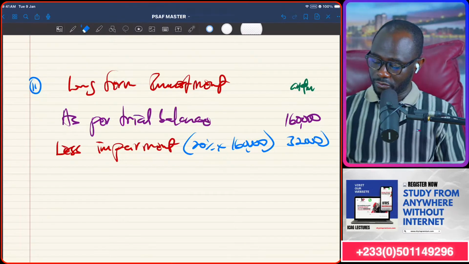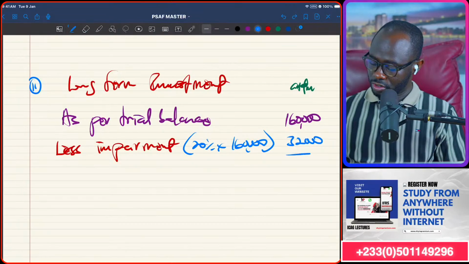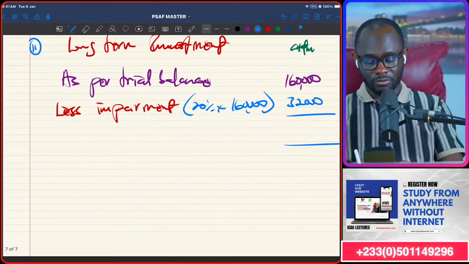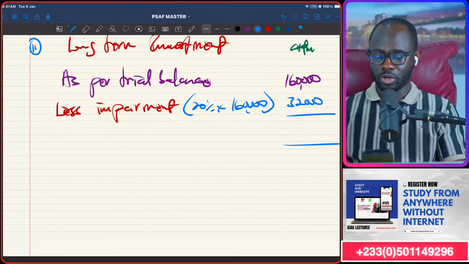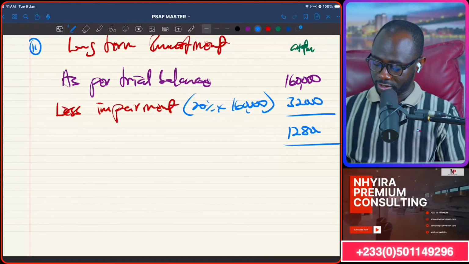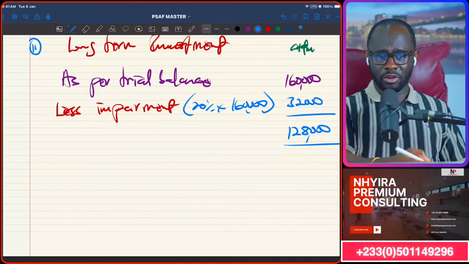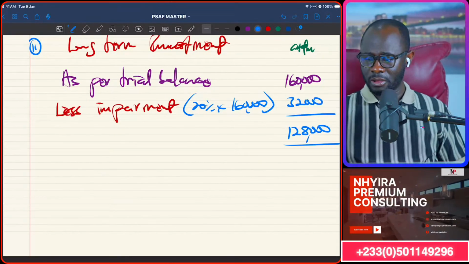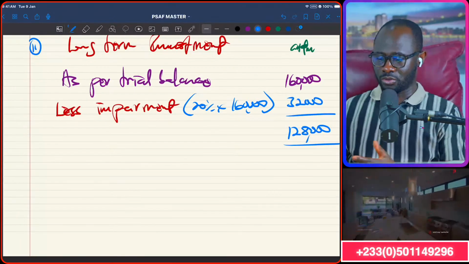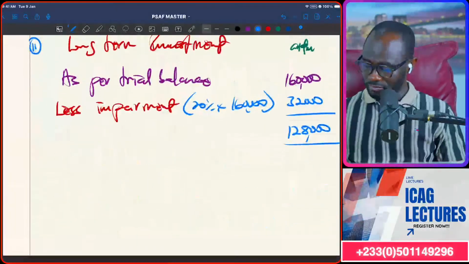So the new figure, which will go on the face of the statement of financial position, will be 128,000. But as I said, this impairment must be recognized in the statement of financial performance. So we could add it to other expenditures in the statement of financial performance.